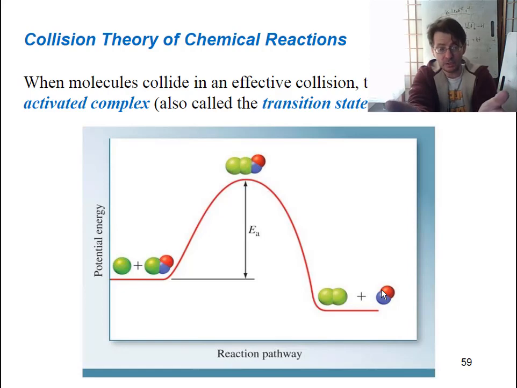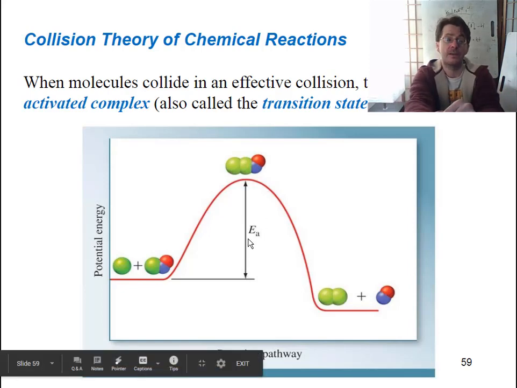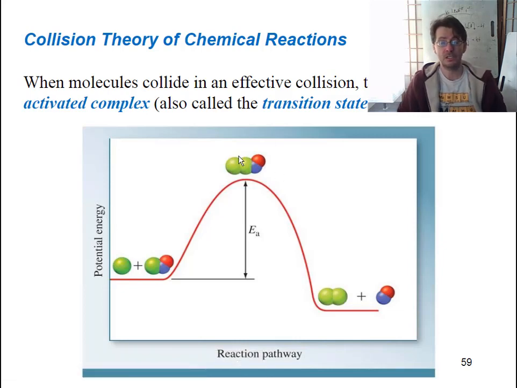We can't know what that structure is, but this gives us an idea of what the energy difference is, and we can actually calculate what those structures could be. Right? And so this is one of our first peeks at what's going on at the molecular level. And we started to see some of it with kinetic molecular theory, right, where we're looking at the relationships there. But now we're really starting to see how the molecules themselves are interacting.